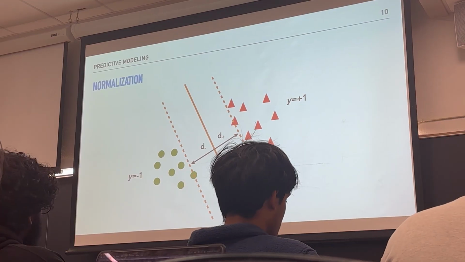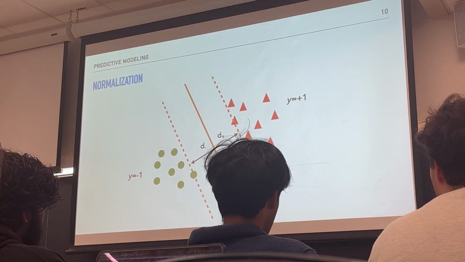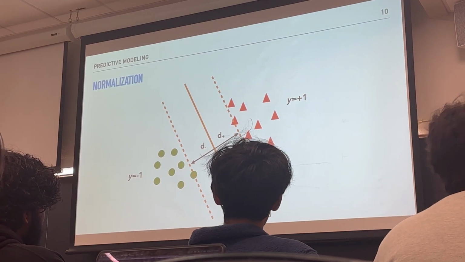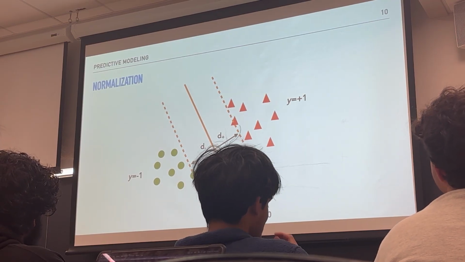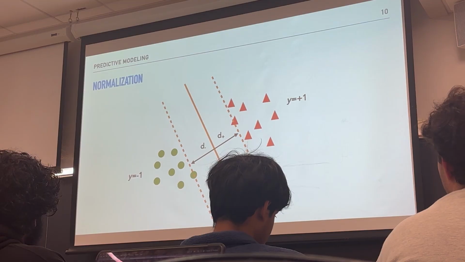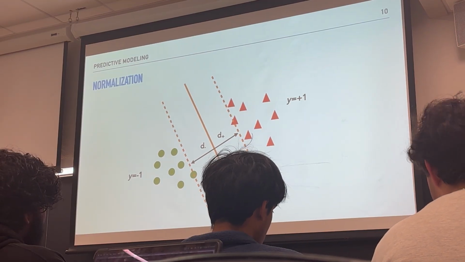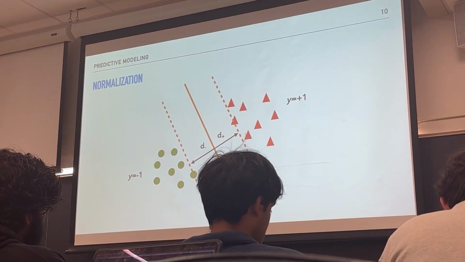So this hyperplane is defined as W transpose X equal to 0, which means all the vectors x that lie within this hyperplane will have dot product 0 with W, the perpendicular to this hyperplane.